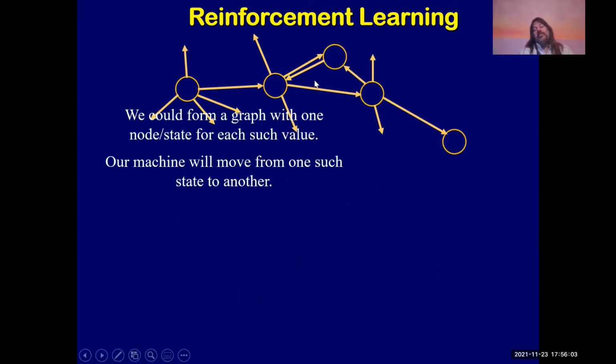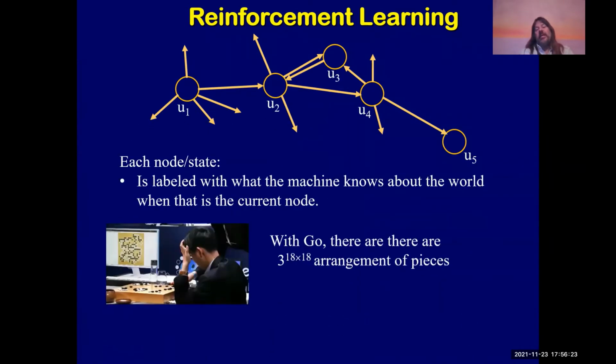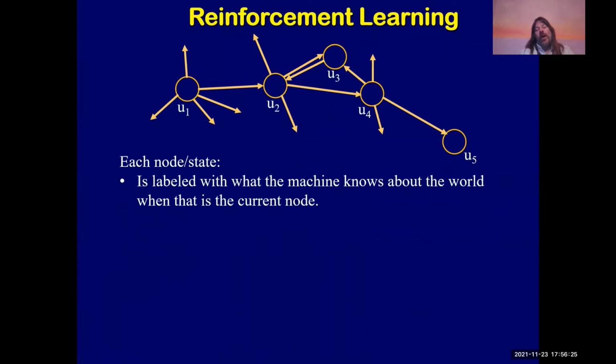And here's my little piece of graph that we're going to work on. The robot's going to move through these states. Each of these we could call a node of your graph, or the state that the machine is in. The machine at each point is located somewhere.